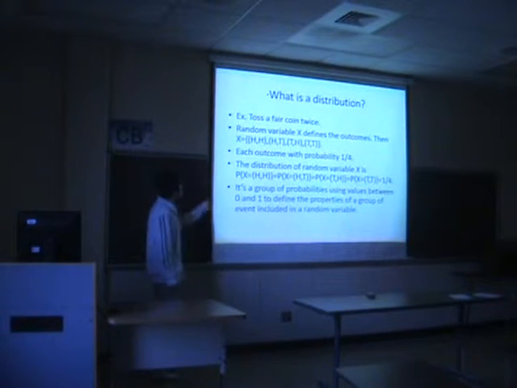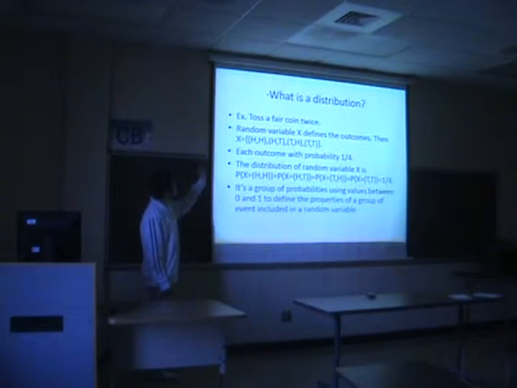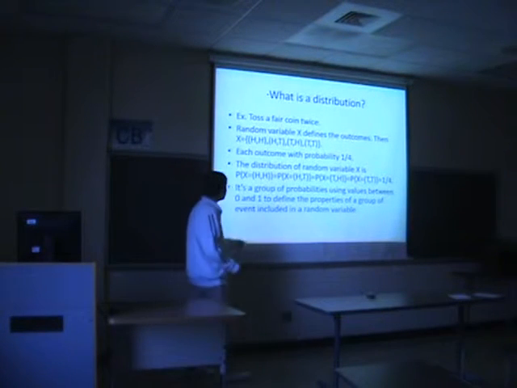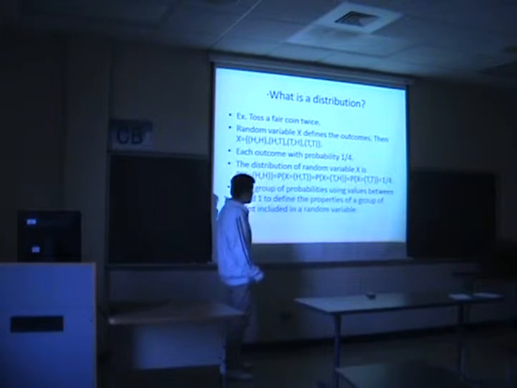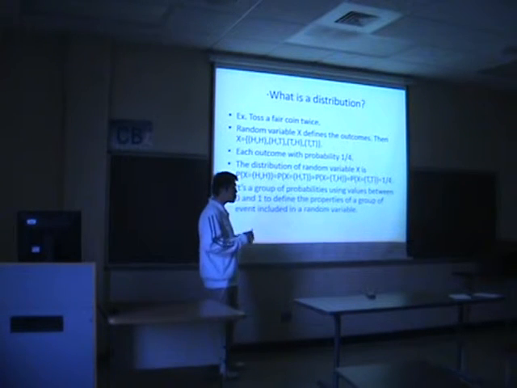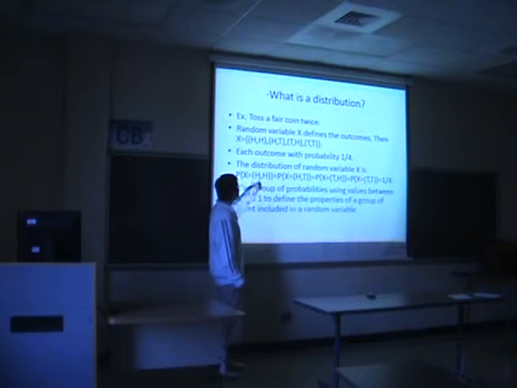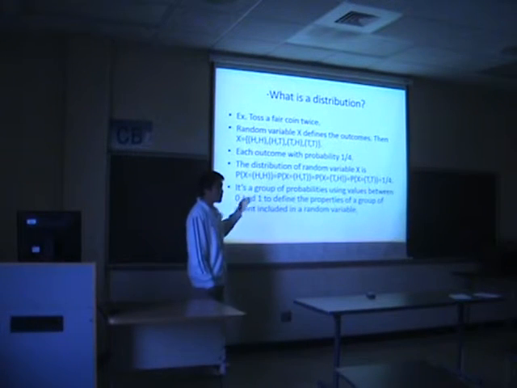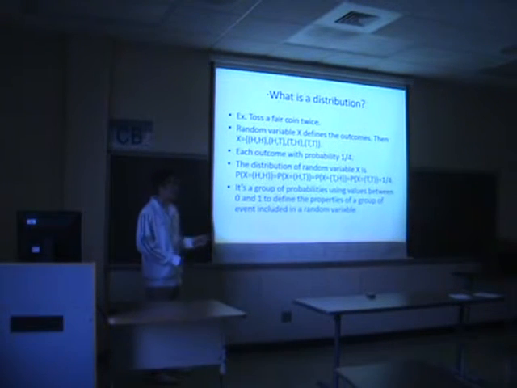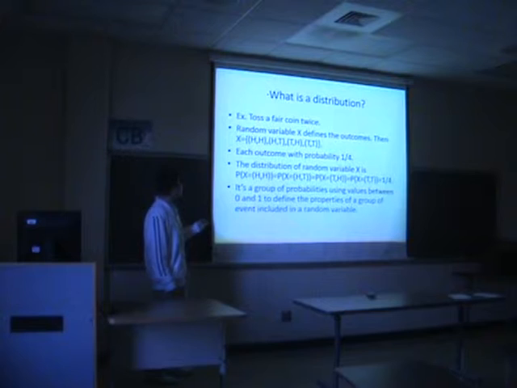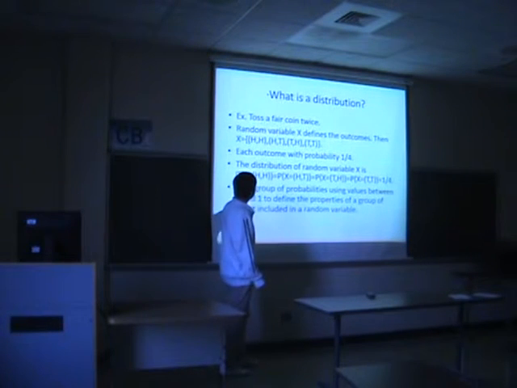And we use a random variable x to define those events. After we define the random variable here, we can get a group of events associated with the random variable. So for each event, as the example shows, we can get a probability related to that event. And so we will get a distribution of that random variable, which means this one, right?